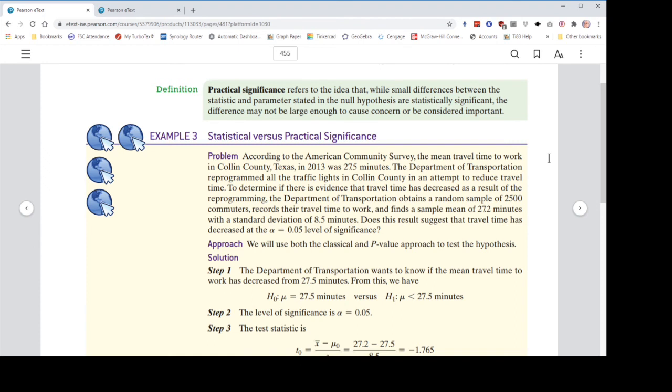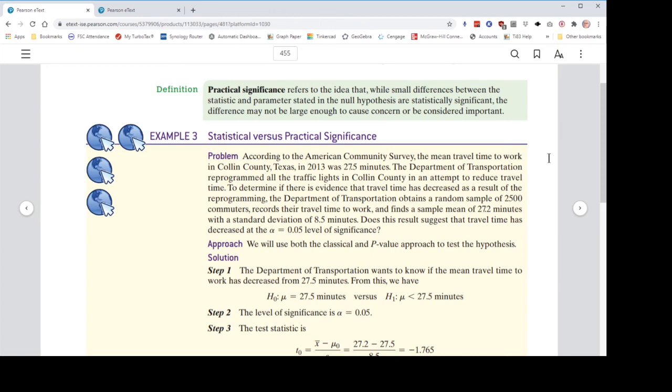To determine if there is evidence that travel time has decreased as a result of the reprogramming, the Department of Transportation obtains a random sample of 2,500 commuters, a large sample, records their travel time to work, and finds that the sample mean is 27.2 minutes with a standard deviation of 8.5 minutes. Does this result suggest that travel time has decreased at the alpha equals 0.05 level of significance?